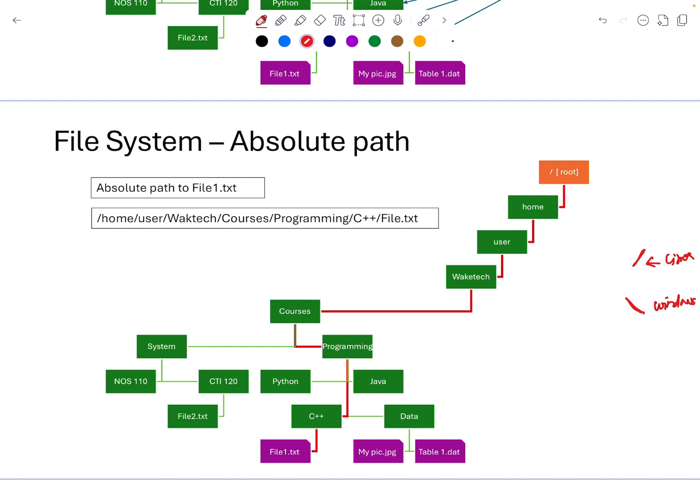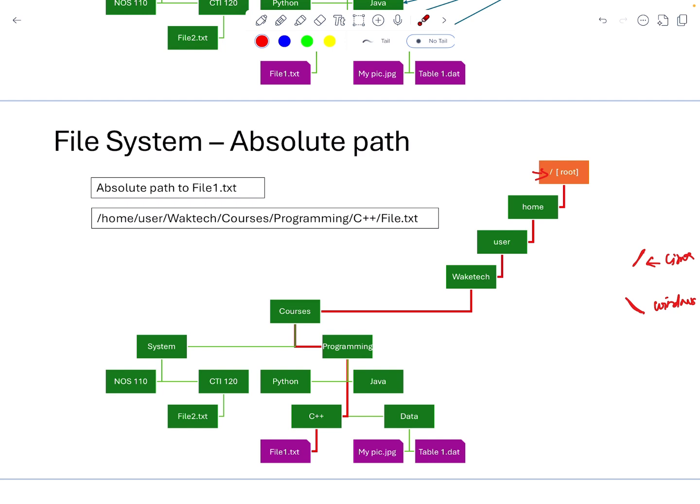That's the only difference. Apart from that, the concepts are exactly the same. Windows has a drive name, but in Linux it is simply /. That's the root. So there is no C drive, D drive, or something like that. It all just starts from root.